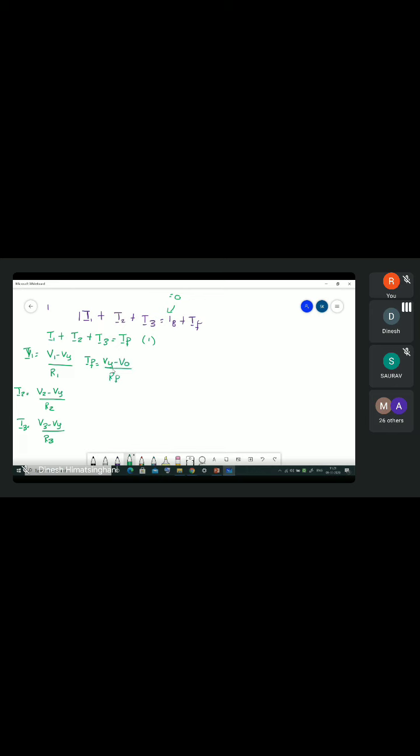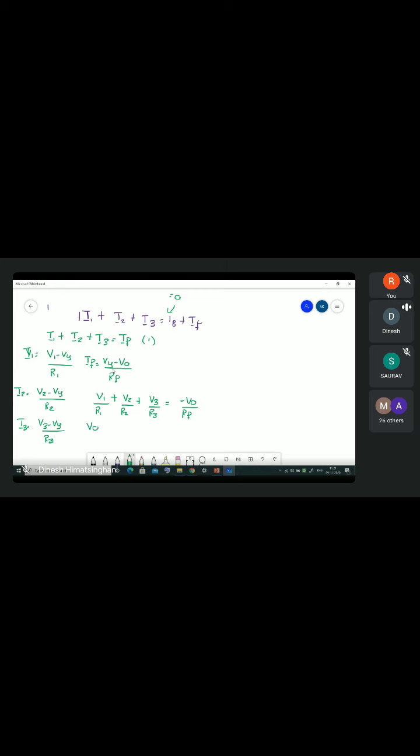So I've defined the currents in terms of voltages. Now I'm going to simply substitute all of them into equation 1. I'll write V1 upon R1, because I've assumed Vy is 0, plus V2 upon R2 plus V3 upon R3 is equal to minus V0 upon RF. I want to simplify this.